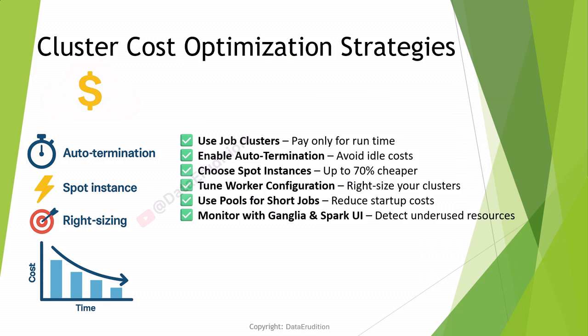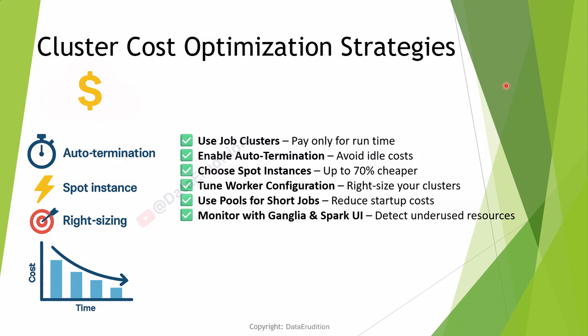Now we are going to talk about some strategies to optimize your cluster cost. If you see on the screen here, these strategies combined can cut your compute bill in half or more. So use job clusters for production, spot for experimentation, and keep auto termination always on.